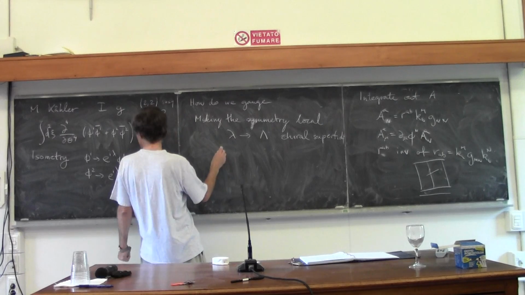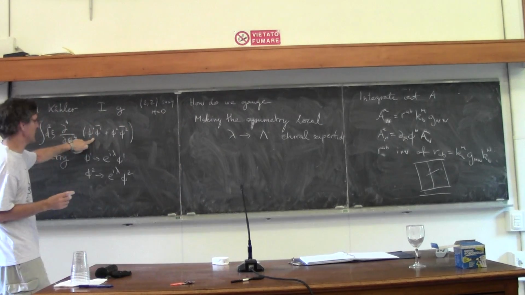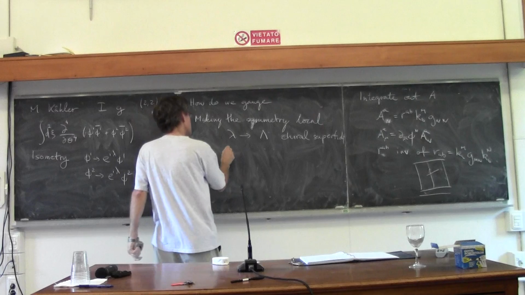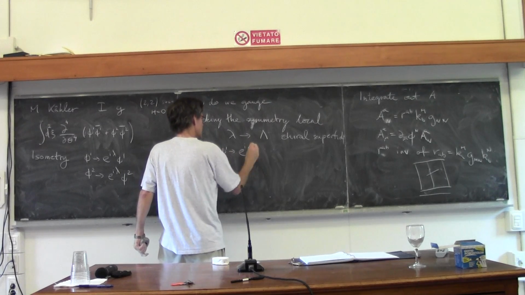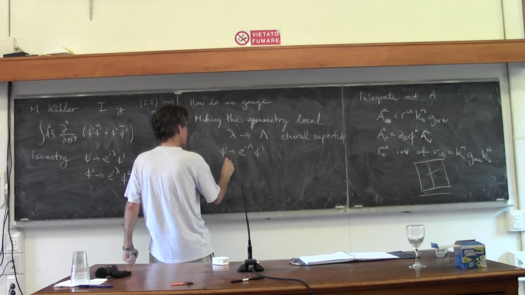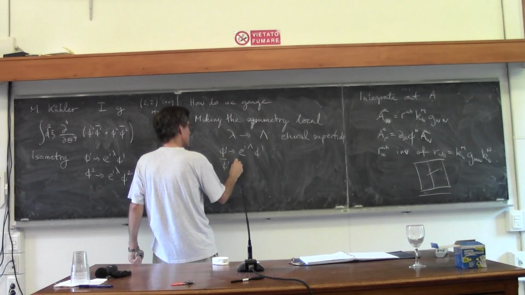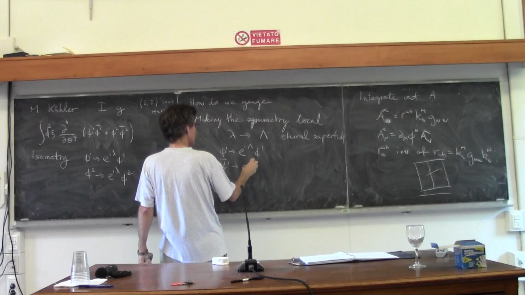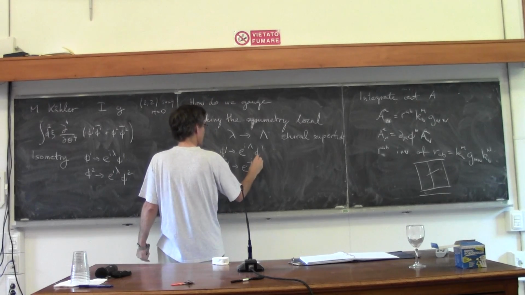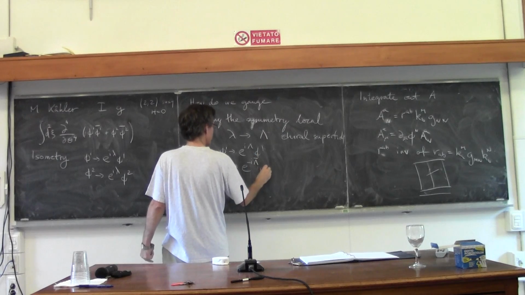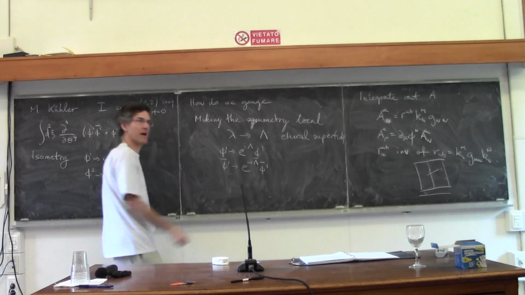Now the way to see that this is not a local symmetry, it's a global symmetry, is that the transformation is phi i, but then phi i bar, which before transformed with e to the minus i lambda, now transforms with e to the minus i lambda bar. The lambda bar is an anti-chiral superfield.